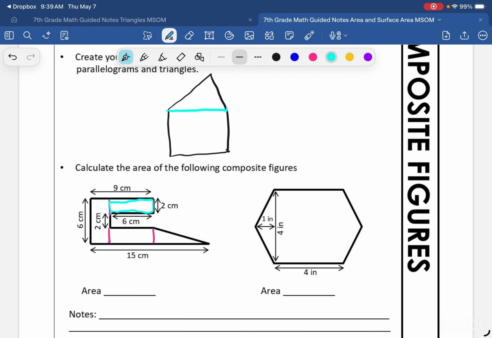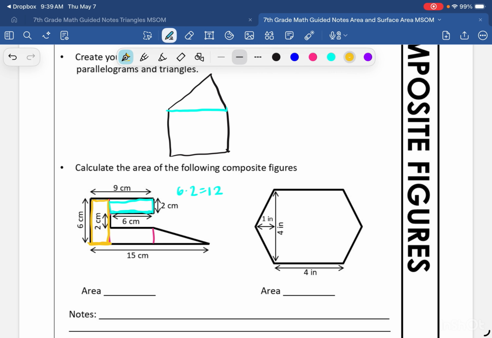This is a rectangle, and so I have my base times my height, which is 12, and that's the area of that section. Going over here to the left, my base times my height. Well, I know my height is 6. I don't know my base right off the bat, which would be this right here at the bottom.